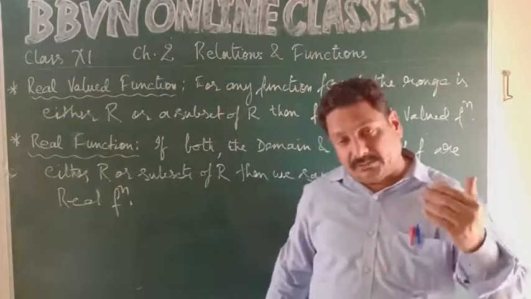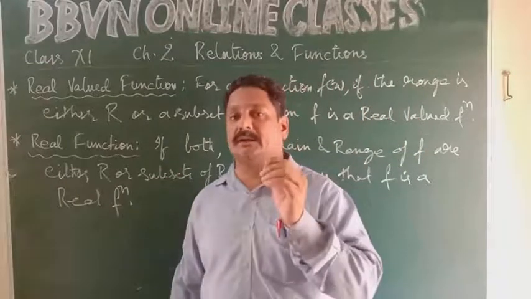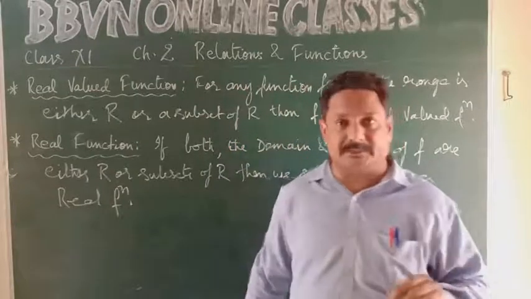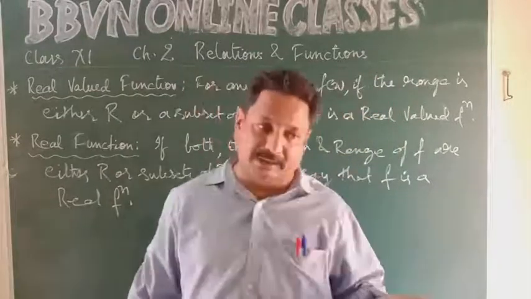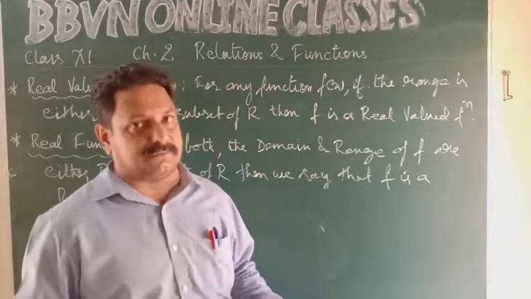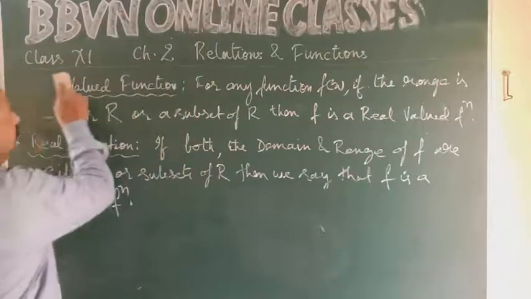The entire set of images will be R or subset of R. Whereas if we have domain and range both either R or subsets of R, then we say it is a real function.